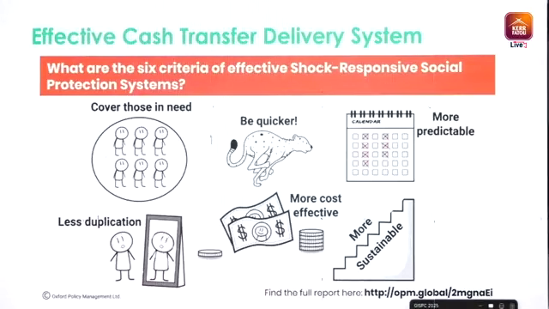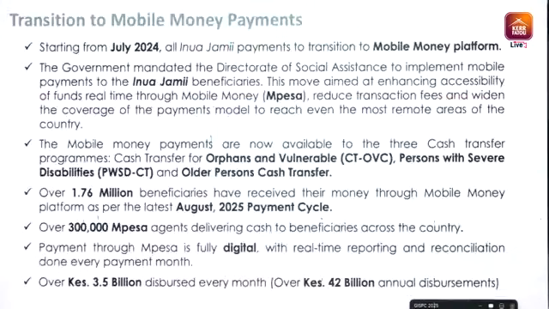This can only be found through a payment service provider. Therefore, in July 2024, there was a presidential decree that all the money that we pay for the cash transfers should pass through their mobile phone. Unfortunately, it should pass only through one mobile phone provider, which is Safaricom. Of course, we'll talk about that later on.